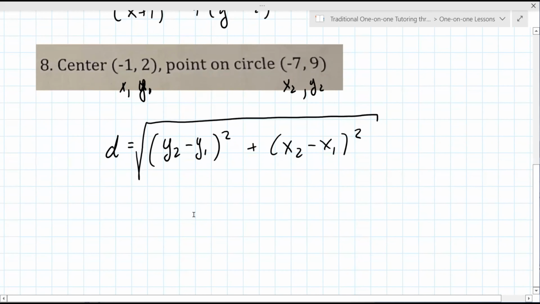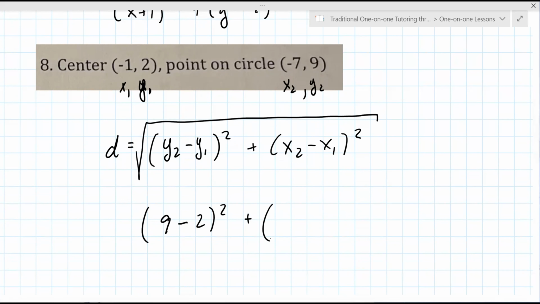All right, so I've tried to help you out here by labeling the points. What is the value of y2, Sourish? Y2 is 9. Okay, minus y1, minus 2 squared, plus what is x2? -7.